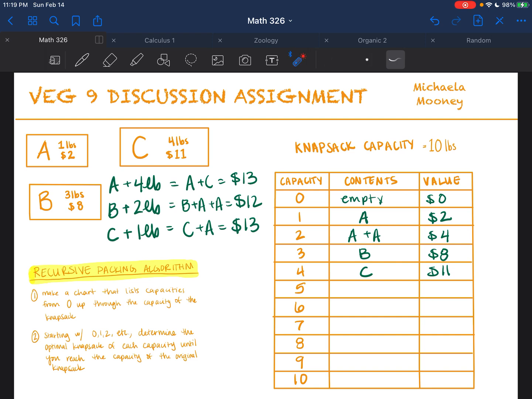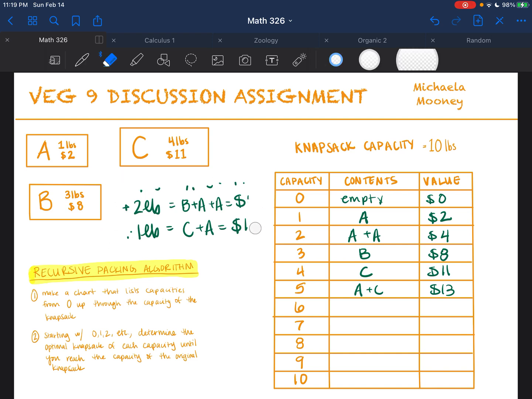So the two highest values are this guy and this guy, but check it out, they are both A and C, just in a different order, so we can use either one. They're the same exact thing, so we can put A plus C at a $13 value, and we have successfully done number 5.